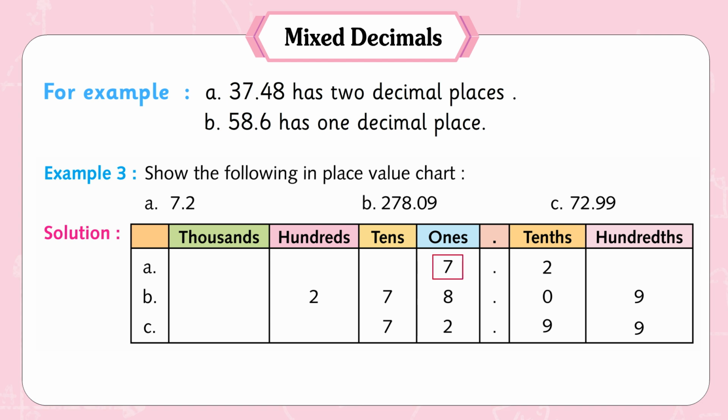A. Ones 7, decimal point, tenths 2. B. Hundreds 2, tens 7, ones 8, point, tenths 0, hundredths 9. C. Tens 7, ones 2, point, tenths 9, hundredths 9.